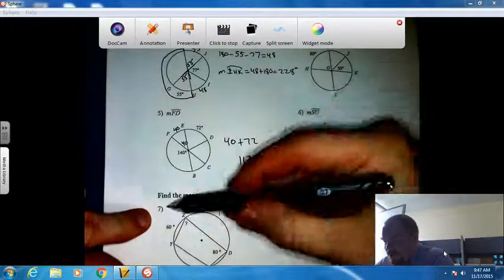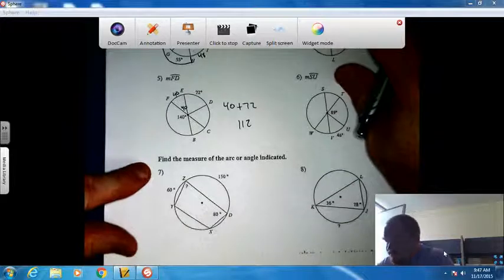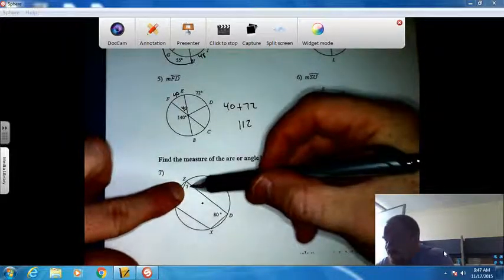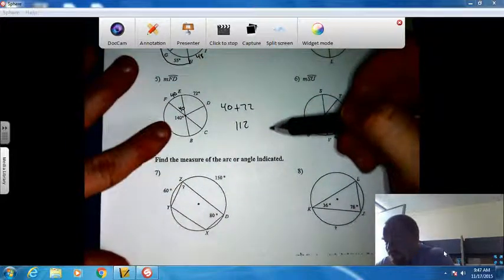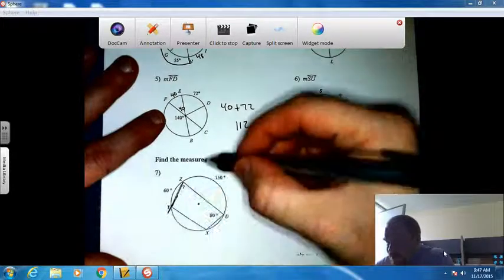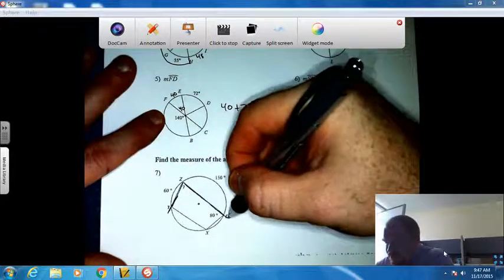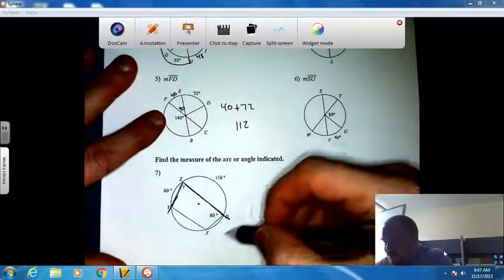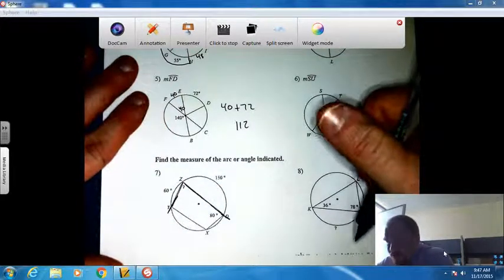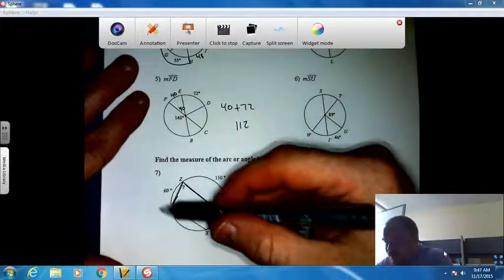Okay, down here, number 7. Okay, they want us to find the measure of this angle. Well, here's what we know. I know that this angle opens up to this arc down here. Well, if I knew that arc, I could find that angle.